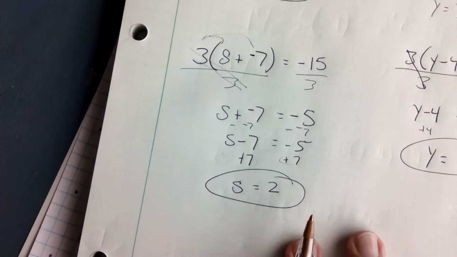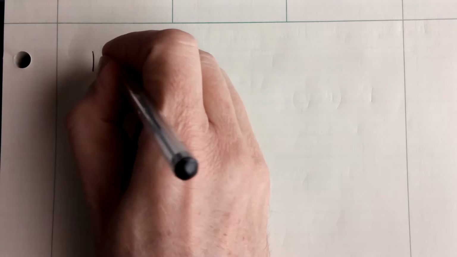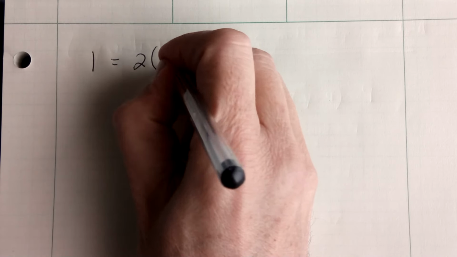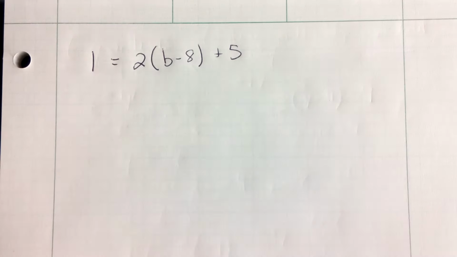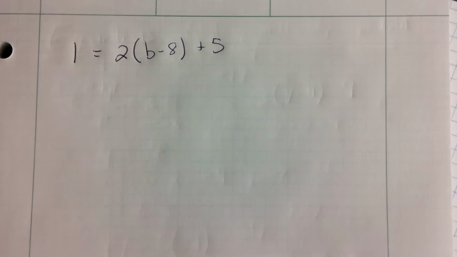Another type of equation you'll see that's definitely more than 2 steps is when they have distributing with an additional term on the outside. What I mean by that is they'll have b minus 8, and then they'll have a plus 5 here. So again, you could do this equation in one of 2 ways.